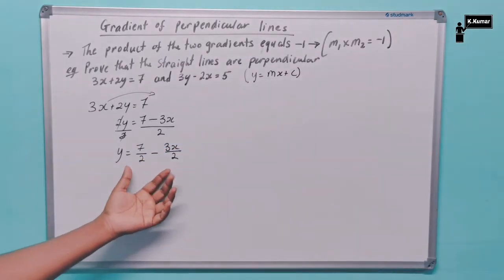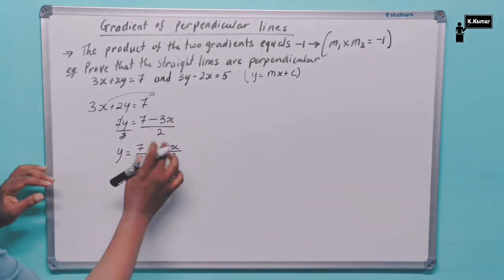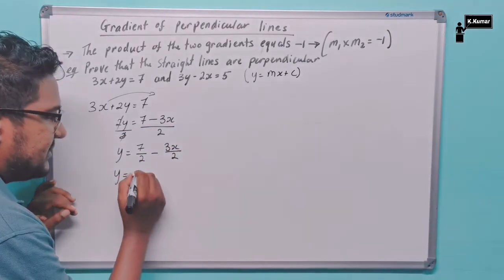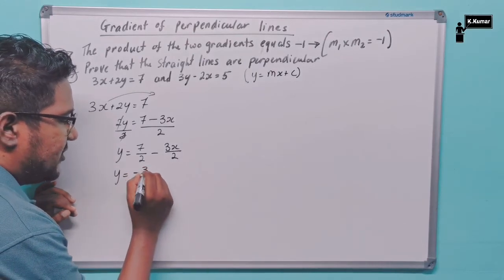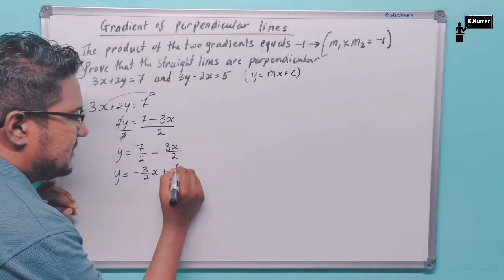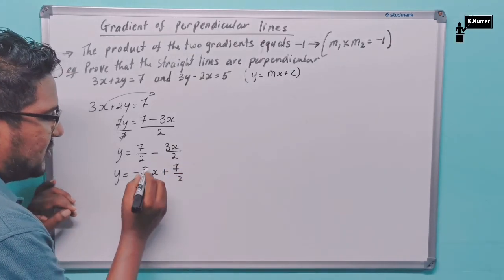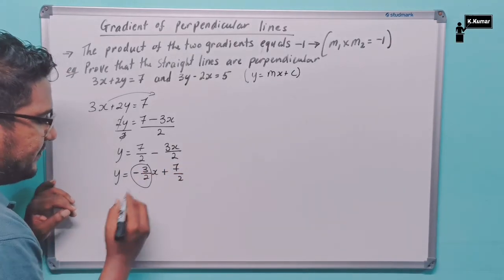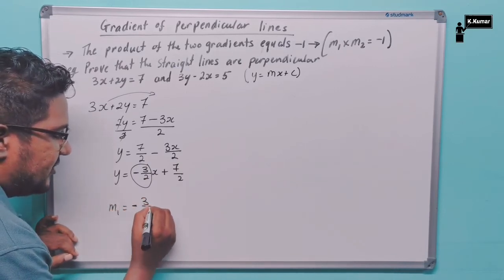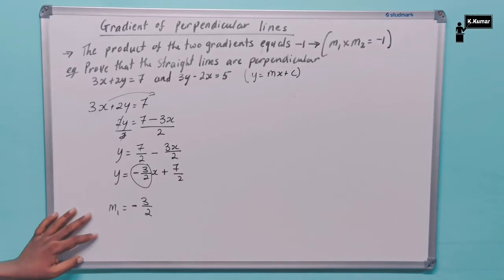But this is still not in this form, so we just have to switch these two. So rewriting it, y is equal to negative 3 over 2 x plus 7 over 2. So our gradient here is m1 is equal to negative 3 over 2.